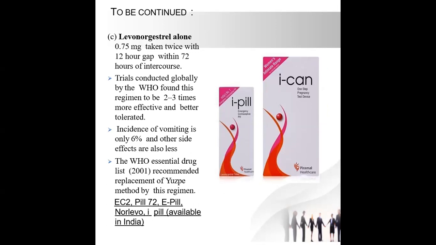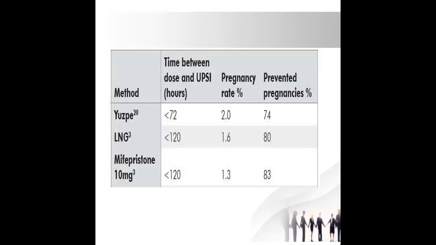It is more safe when compared to the Yuzpe regimen. Then when you look into the methods, that is Yuzpe, levonorgestrel or mifepristone, the time between the dose and unprotected sexual intercourse is less than 72 hours for Yuzpe, less than 120 hours for levonorgestrel, and less than 120 hours for mifepristone.